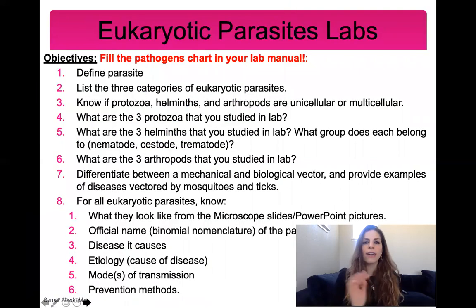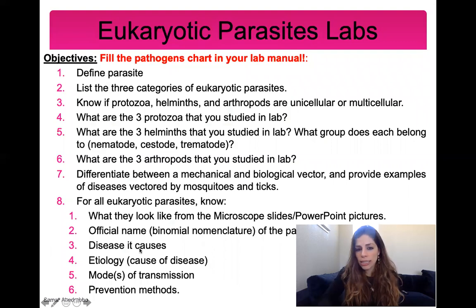And then finally, to just summarize everything, I want everyone to take time understanding each of these eukaryotic parasites or eukaryotic pathogens. So we talked about protozoa, we talked about helminths, and we talked about arthropods. So take time understanding each one, examples of each one, know what they look like, know the difference between mechanical and biological vectors with arthropods, and know the official name of everything, like Plasmodium falciparum.